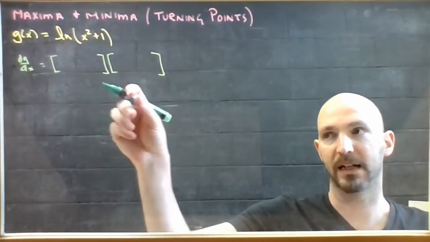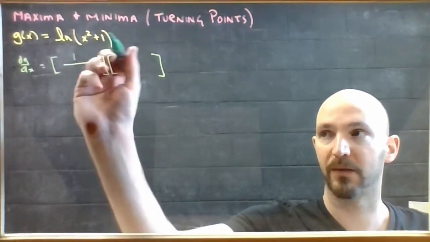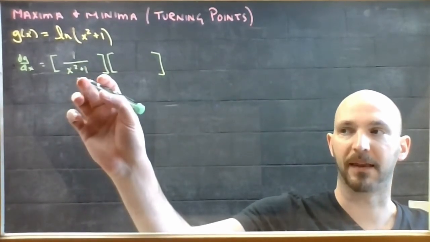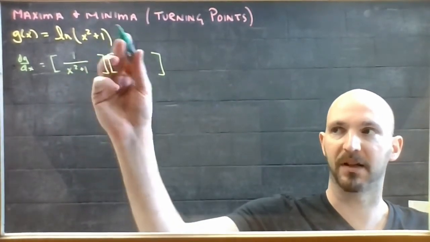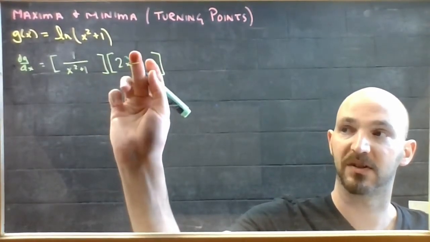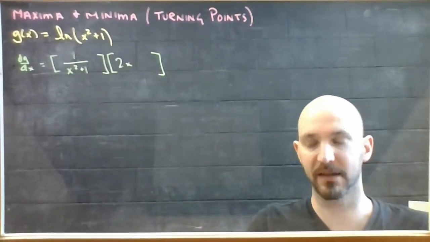Working from the outside in, the derivative of a ln is 1 over whatever's on the inside. And then the next layer in is an x squared plus 1. The derivative of that is 2x, just 2x. 2x plus nothing. Derivatives of constants are just 0.